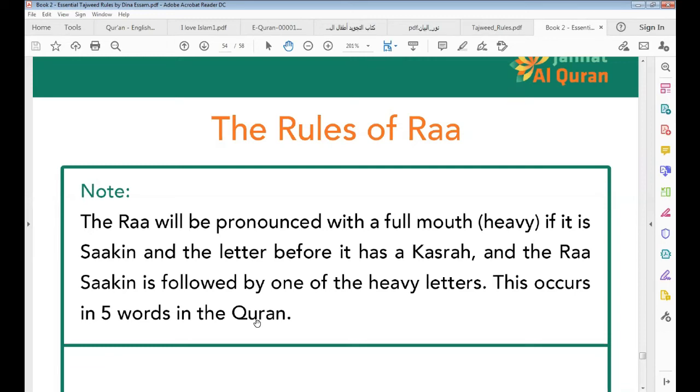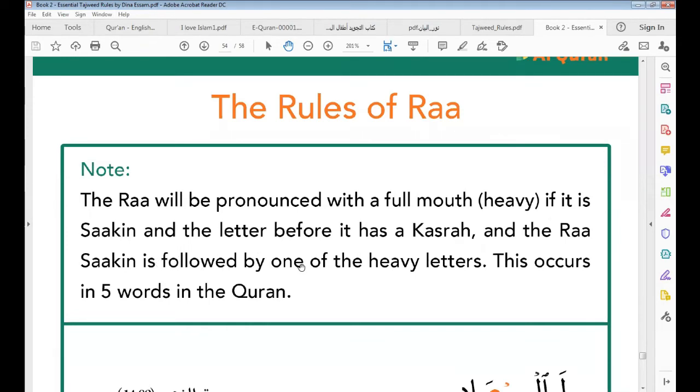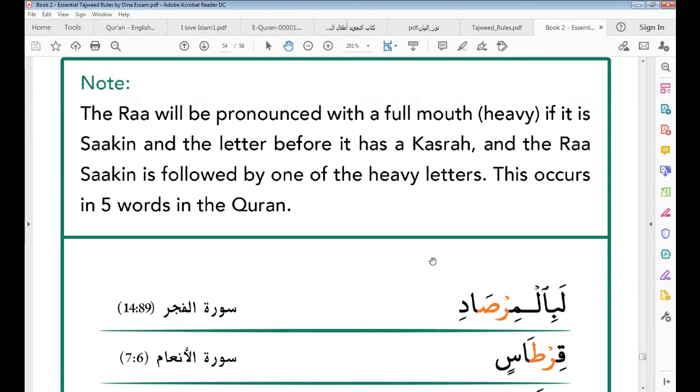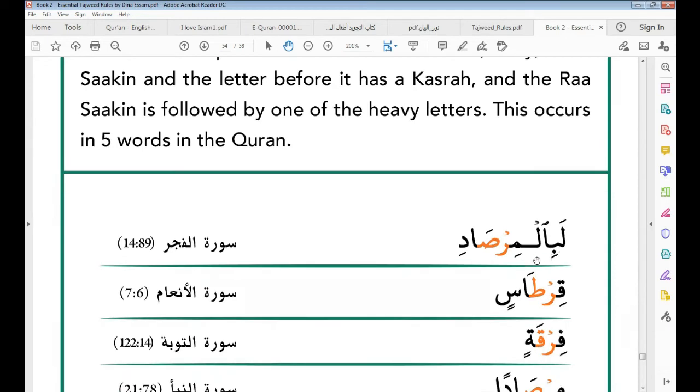If we have a ra that is sakin, the letter before it has kasra, but the ra is followed by a heavy letter, what we have to do is say it with a full mouth, a heavy sound, like la bil-mirsad. So ra sakin, the meem has kasra. By the rules of lightness it would be light, but the following letter is heavy. So to make it easy to pronounce, we will say this ra in a heavy way.